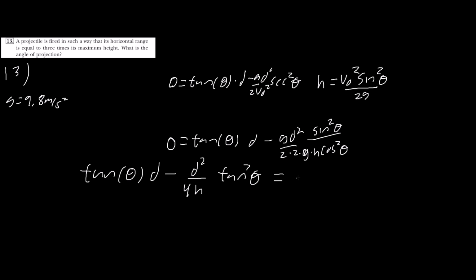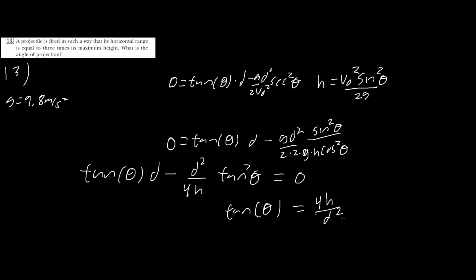And this is going to ultimately be 0, so that's going to make things easier. So now you have tangent of theta, that's going to be 1 plus, multiplied by 4h on both sides. Changing the signs, of course, 4h divided by d squared. And I think that's it.